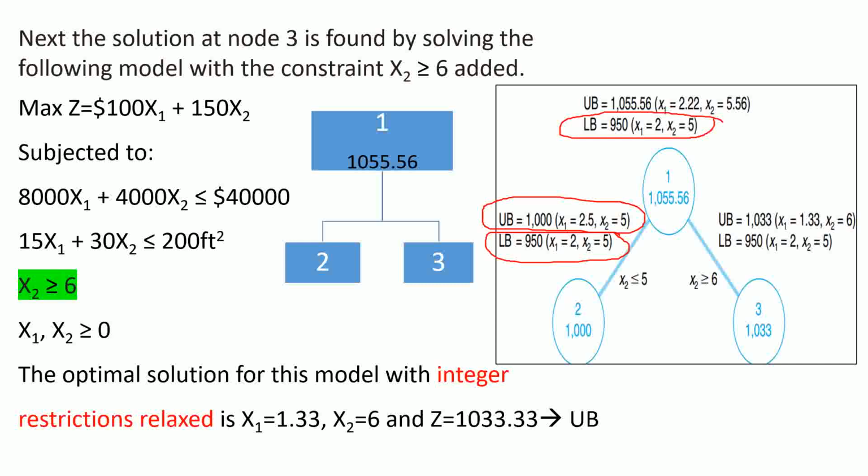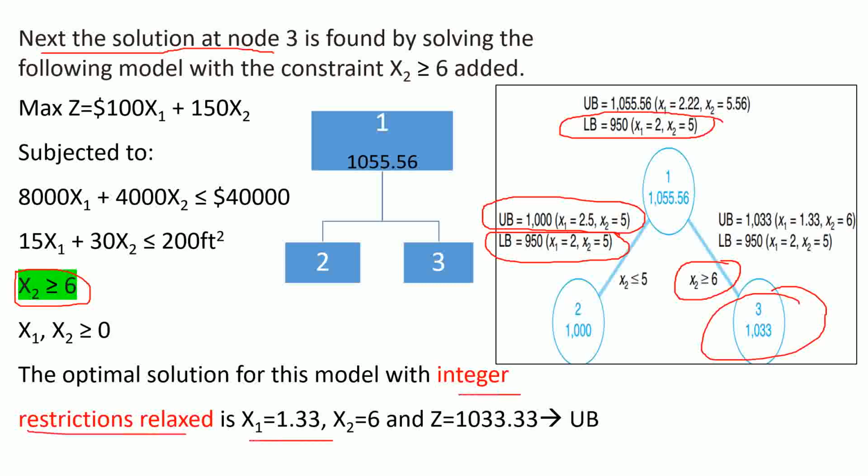Now the next step is the solution at node 3. Node 3 is here. We have to add x2 greater than or equal to 6 into the original linear integer problem as a constraint, and we can use either the simplex or graphical method to find the optimal solution for this model with the integer restriction relaxed.